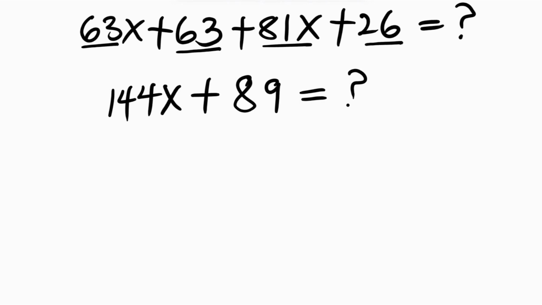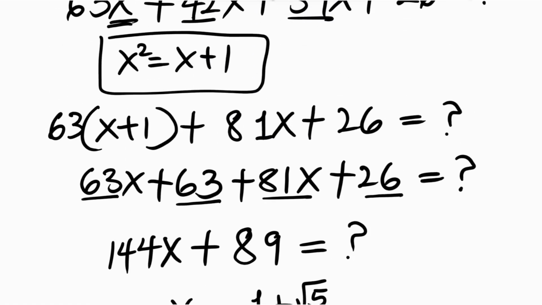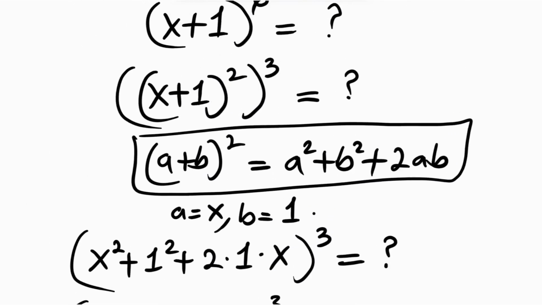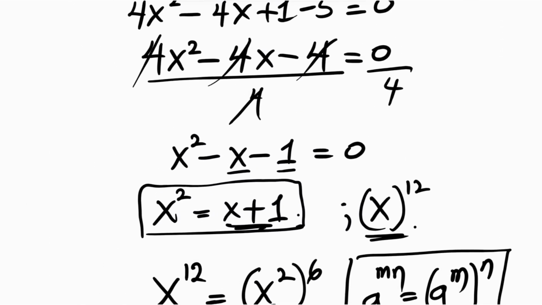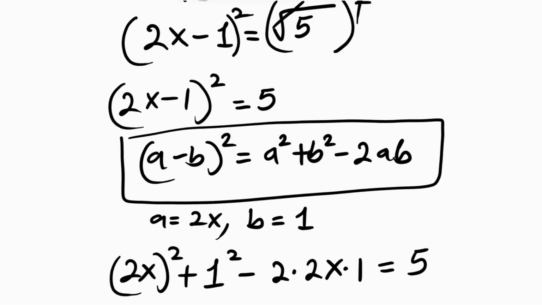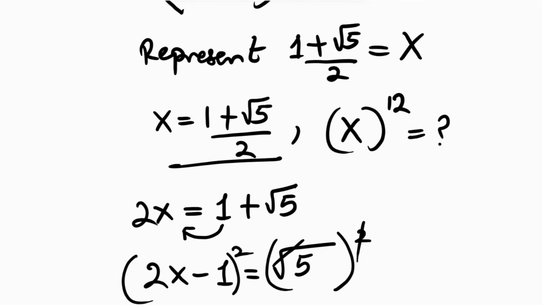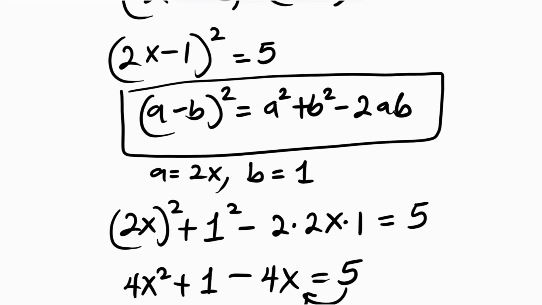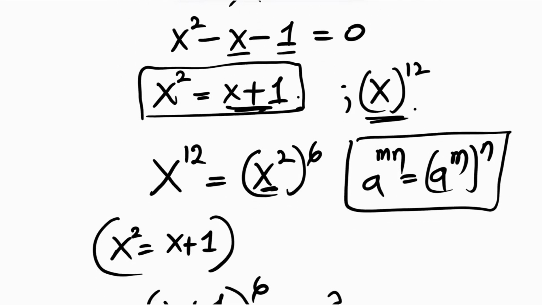Now, we said our x is equal to what? (1 plus root 5) divided by 2. That's all the way at the top, our value of x. This is our value of x right here. x is equal to (1 plus root 5) divided by 2.